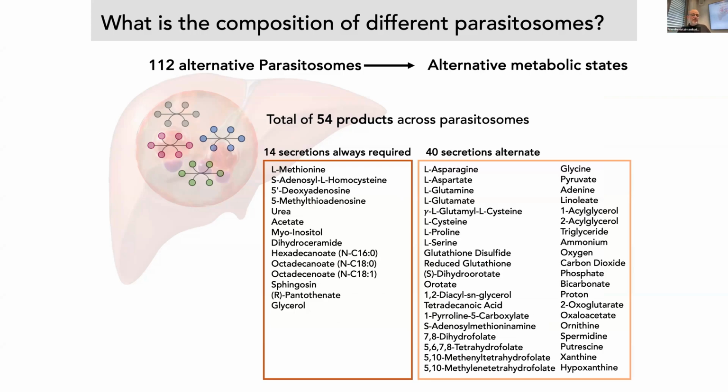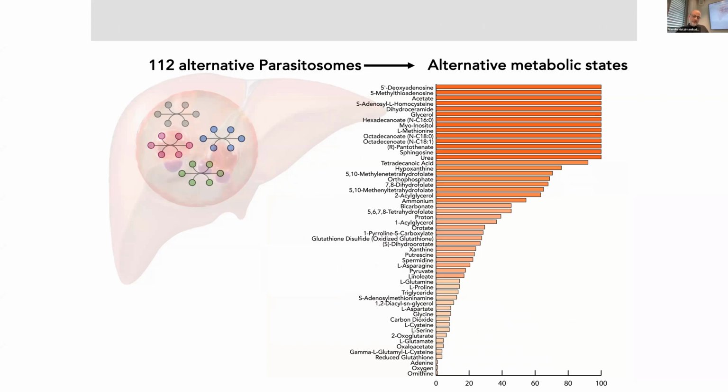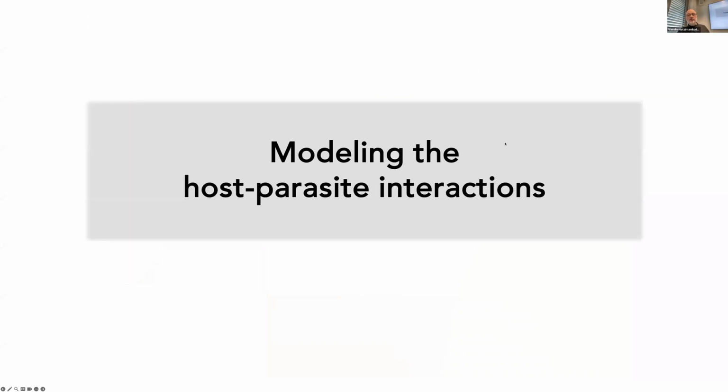And then we have alternative secretions, and it also makes sense that the alternative secretions are more numerous than the alternative nutrients. And this is a snapshot of how the different nutrients are used, in percentage, by the different metabolic states of the parasite.